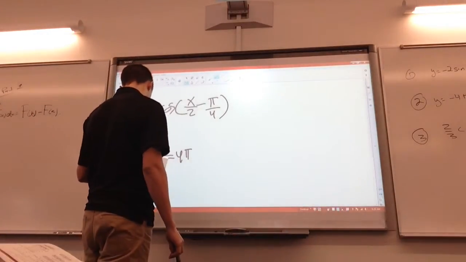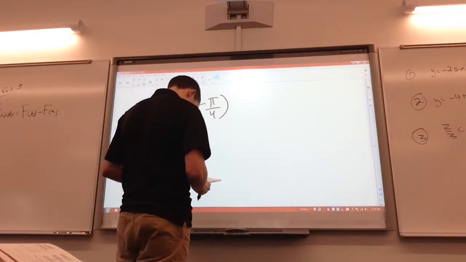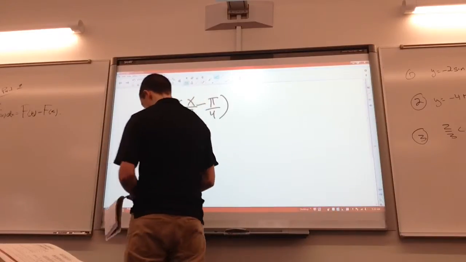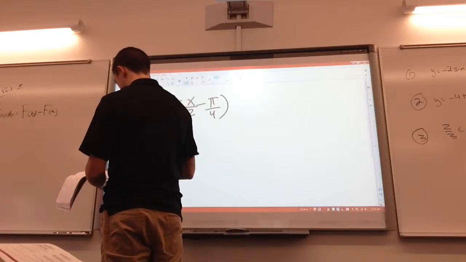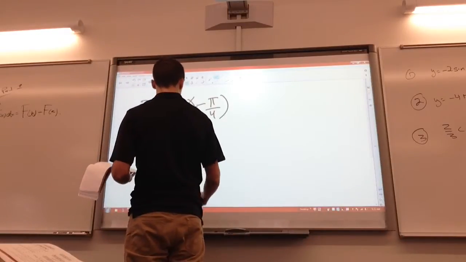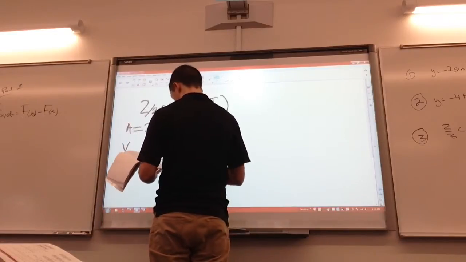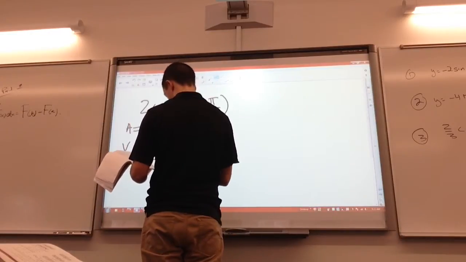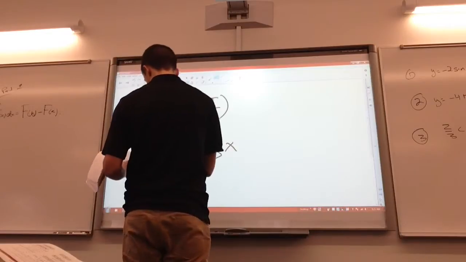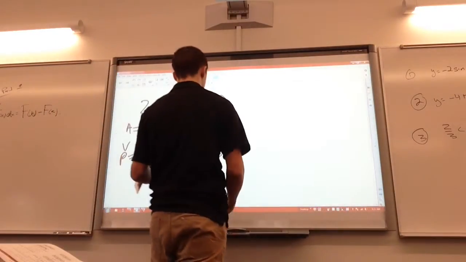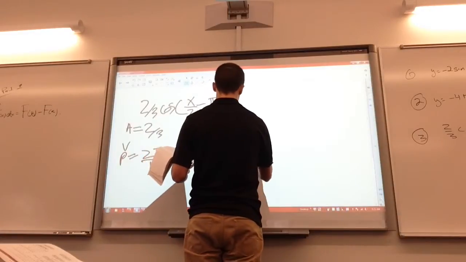Phase shift equals pi over 2. Is that always the b plus pi over 2? You're going to set x over 2 minus pi over 4 equals 0 and solve for x.